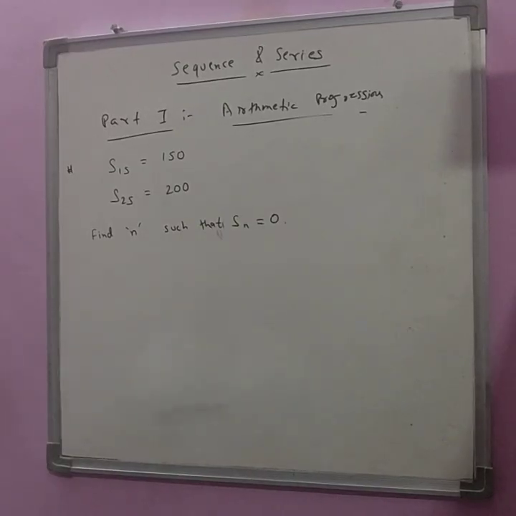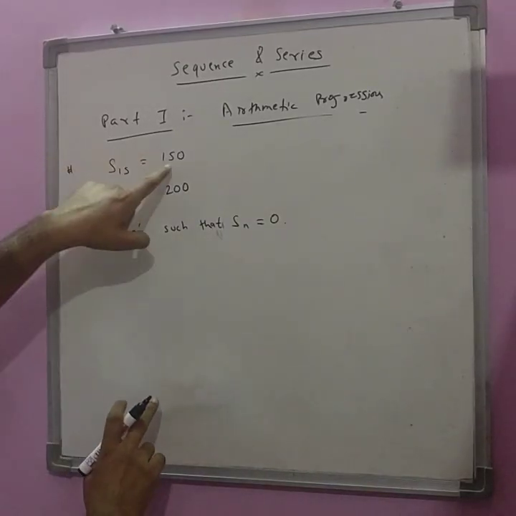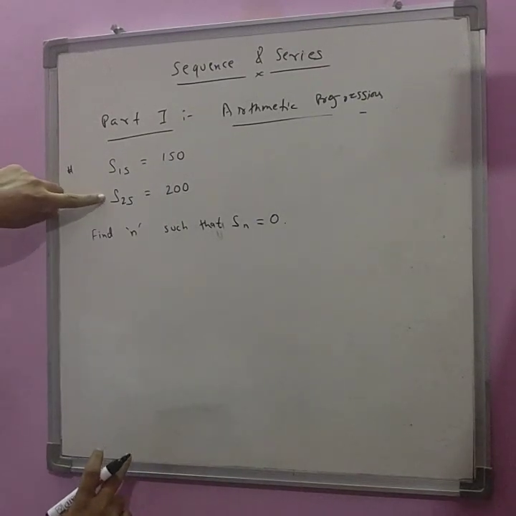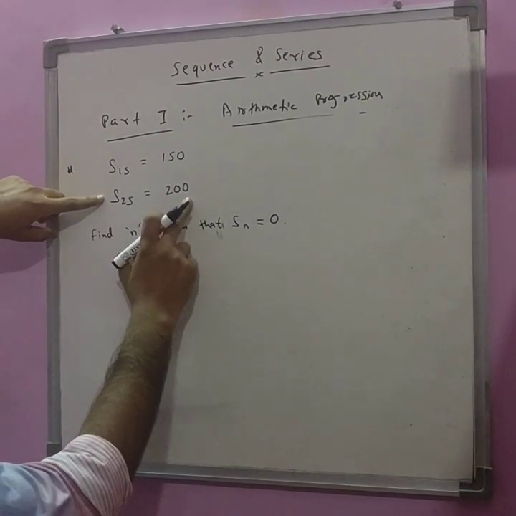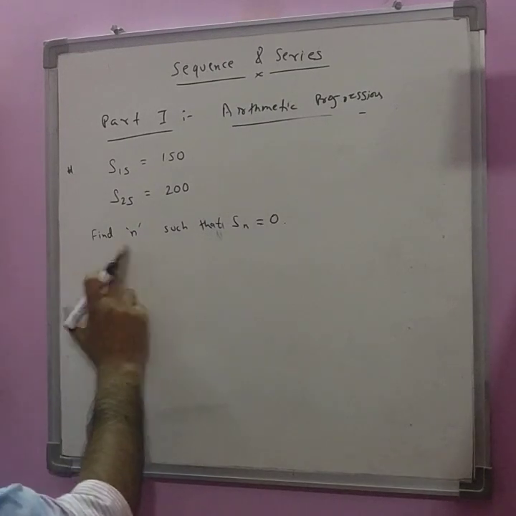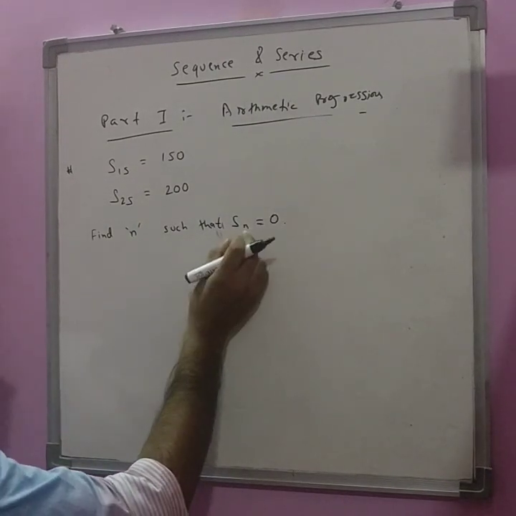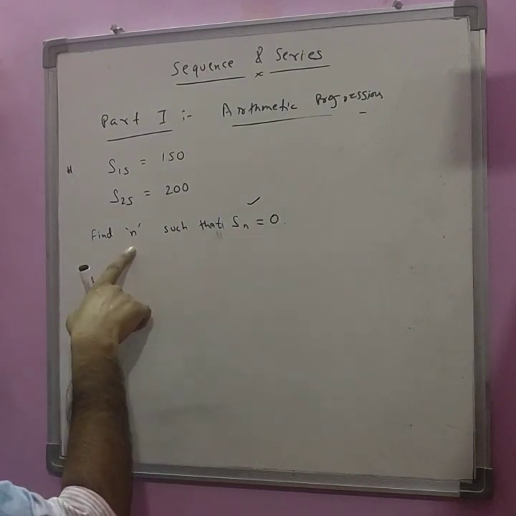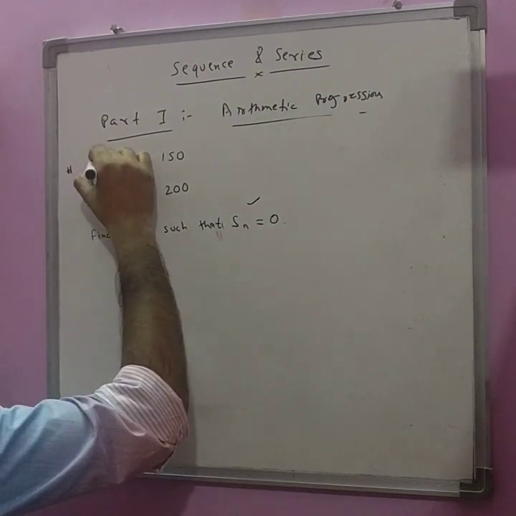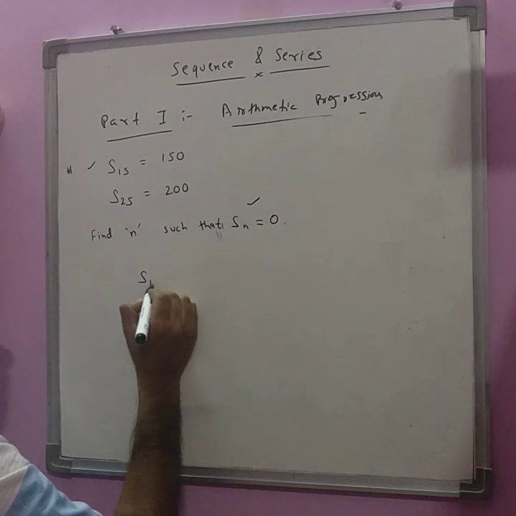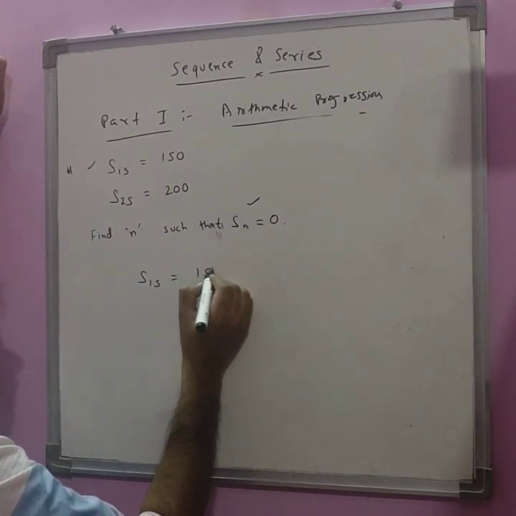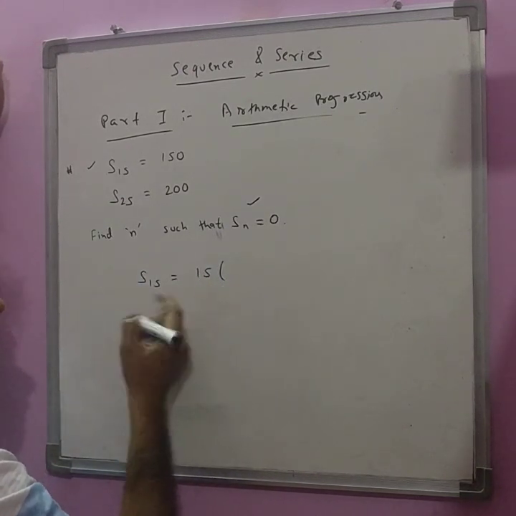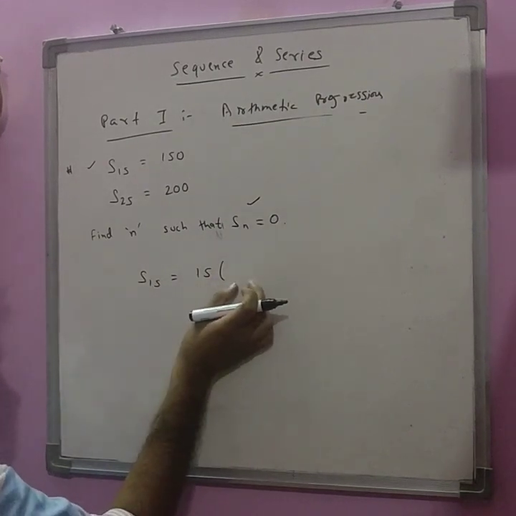I have a question. The sum of the first 15 terms is 150 and the sum of the first 25 terms of the series is 200. You have to find the value of n such that the sum is 0. See, what can we do? The sum of 15 terms is 15 into the middle term, the number of terms into the average, right?